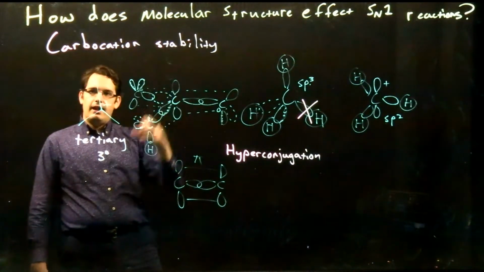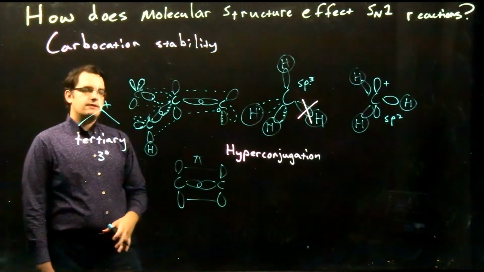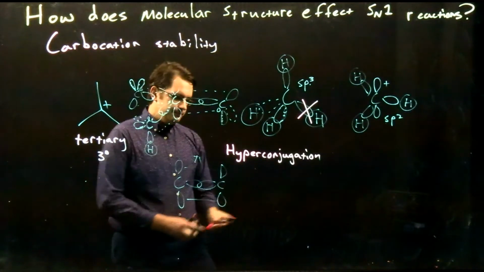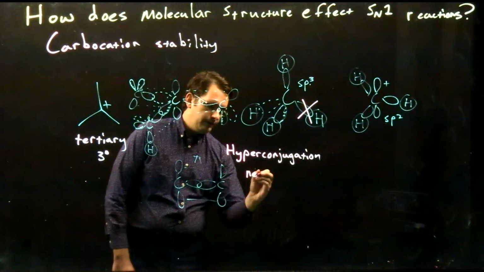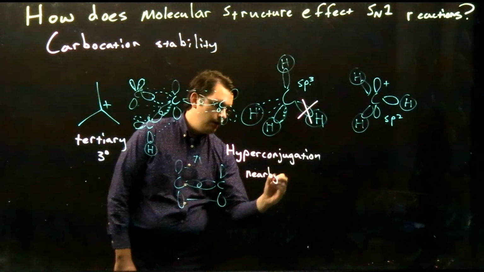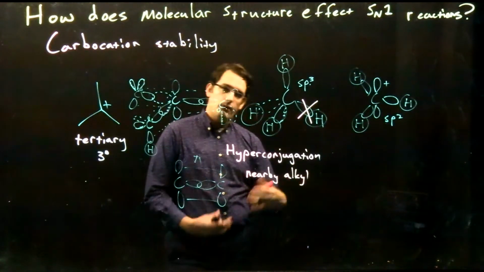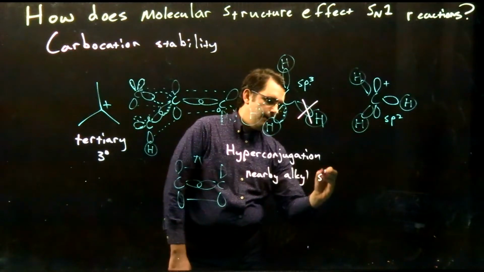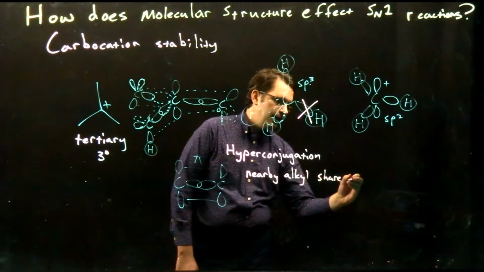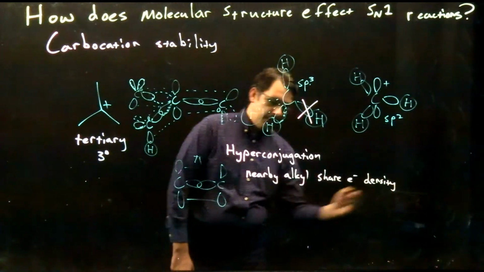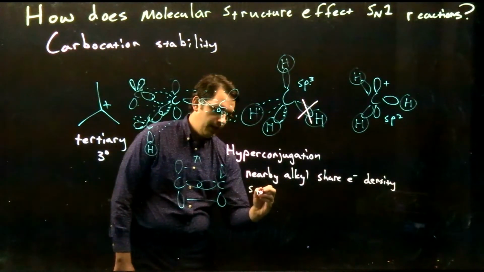It isn't lacking as many electrons, and so therefore it's more stable. So we say that nearby alkyl groups, alkyl of course being just a term for carbon groups, will share their electron density and will then stabilize the carbocation.